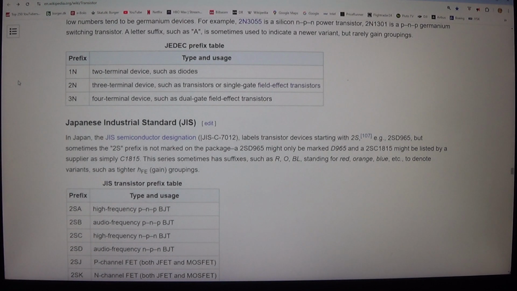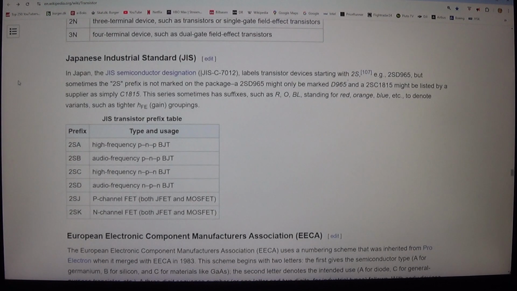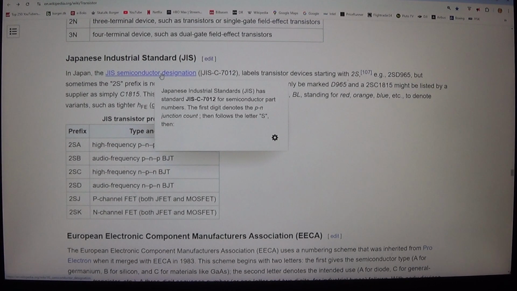Japanese Industrial Standard, JIS. In Japan, the JIS semiconductor designation, JIS-C-7012, labels transistor devices starting with 2S, for example 2SD965, but sometimes the 2S prefix is not marked on the package.